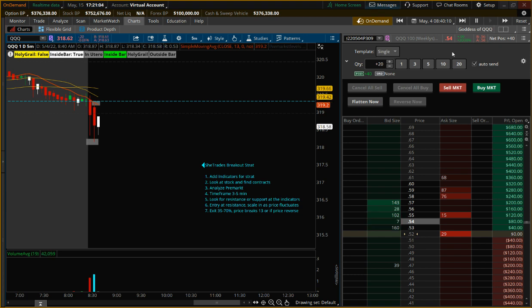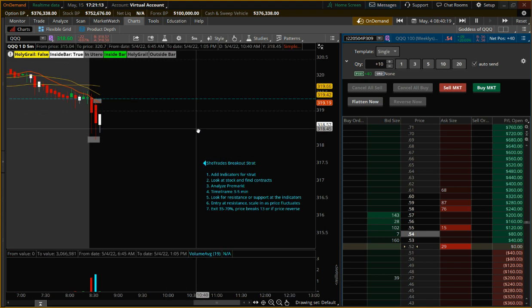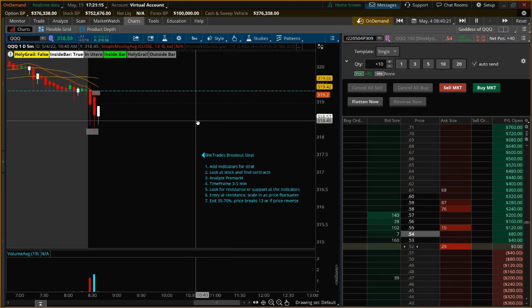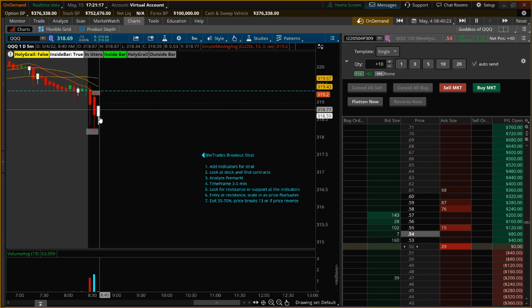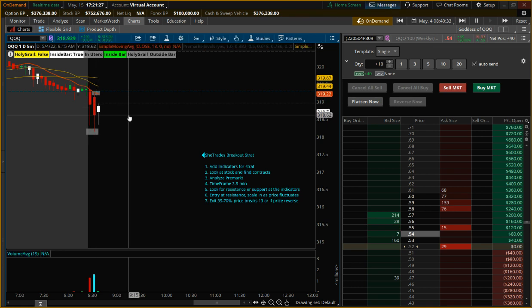I think I'm going to take some off now. Let's see if I can get one more red candle, and then I'll take some off. So another way you don't panic sell, if you sit and watch the candle, as long as this candle closes red, okay, just say to yourself, okay, I got patience to wait one more candle. Let's see if I can get one more red candle.